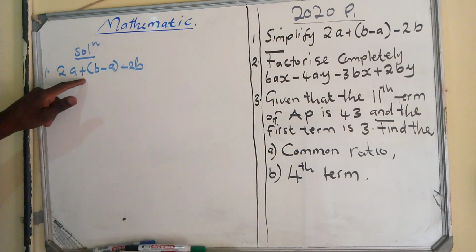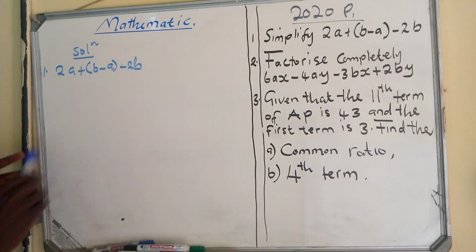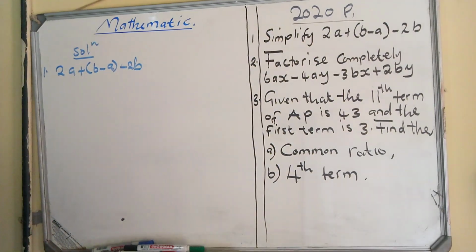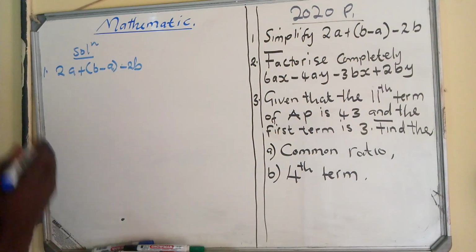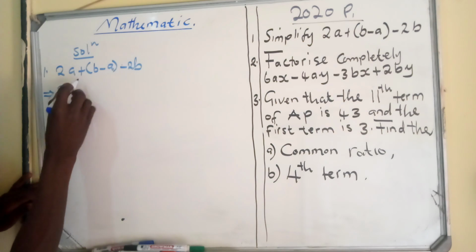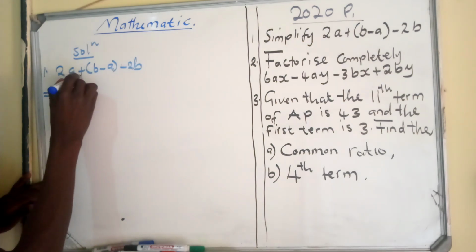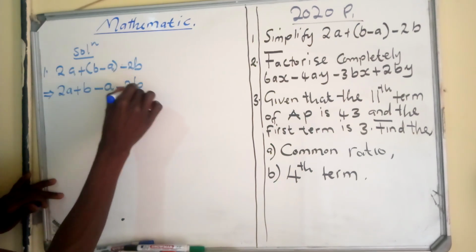In this case, we've got a positive sign. So this positive is going to multiply what is inside the brackets, and then the brackets will be eliminated. So we're going to have 2a, positive multiplied by positive b is positive b, positive multiplied by negative is negative a. So the brackets have gone, minus 2b, like that.